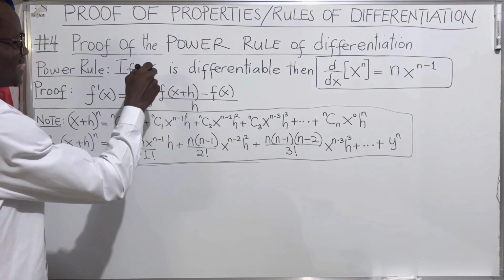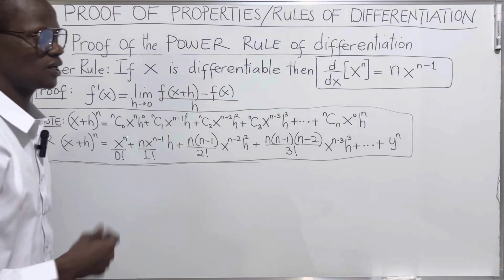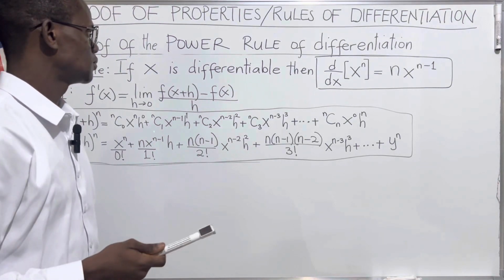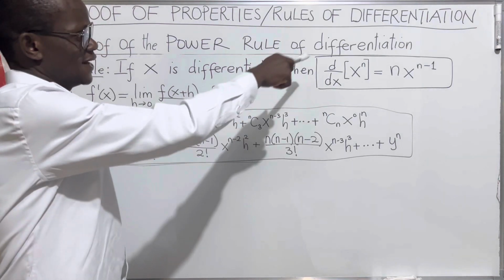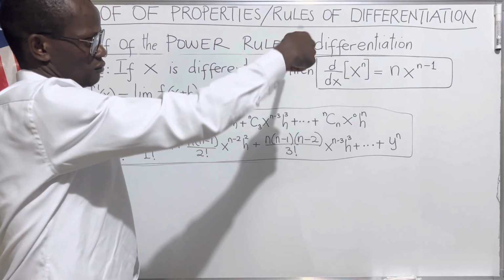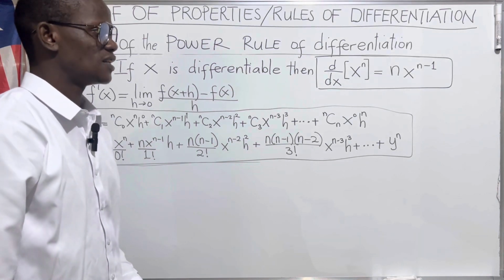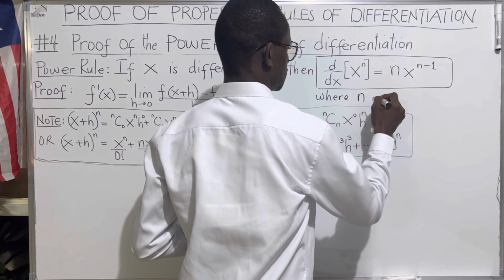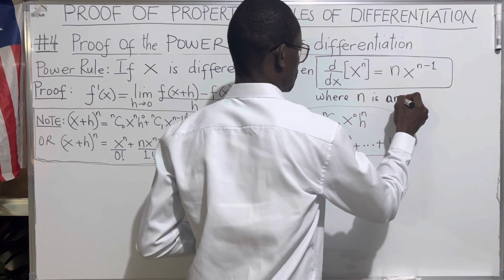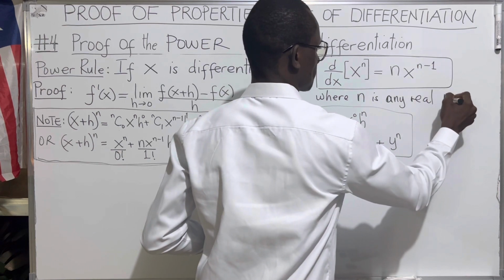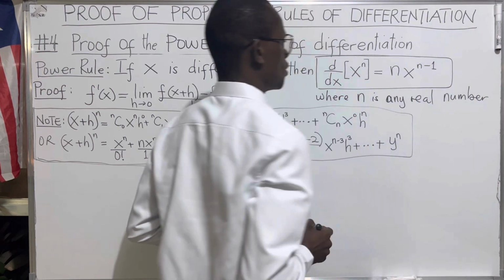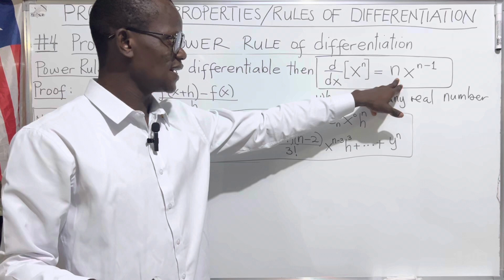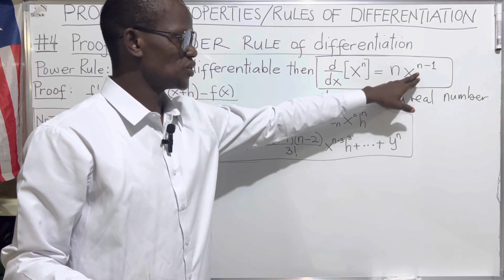If x is differentiable, that is, if x is a variable or a function that can be differentiated, then d by dx of x raised to the power n, where n is any real number, its derivative is equal to n times x raised to the power n minus 1.